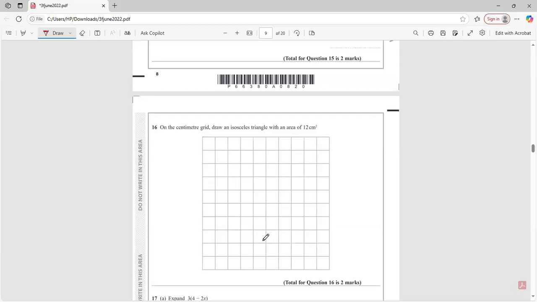So for me to get 12 squares, let me see if I can. How many are here? 1, 2, 3, 4, 5, 6. Let me see if I do 6 with that, and then I start from here. I make sure that my line passes through this.